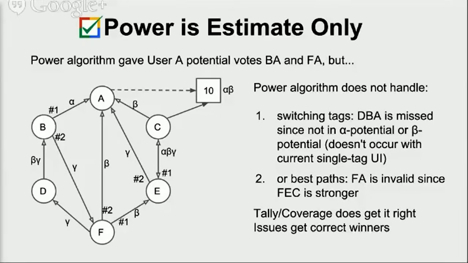But A thinks that F is in its potential. But the algorithms that really matter the most, tally and coverage, they do get it right. They're exact algorithms. So the vote gets counted correctly, and at the end we want to say, what did I vote on? What happened? That is also accurate.